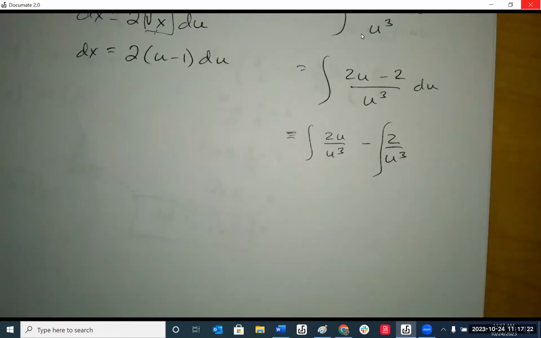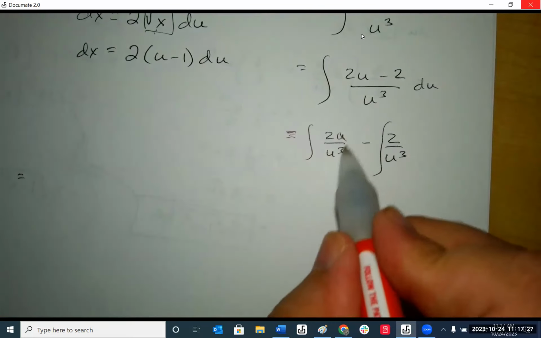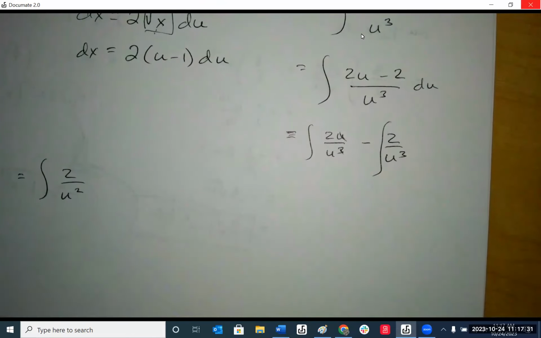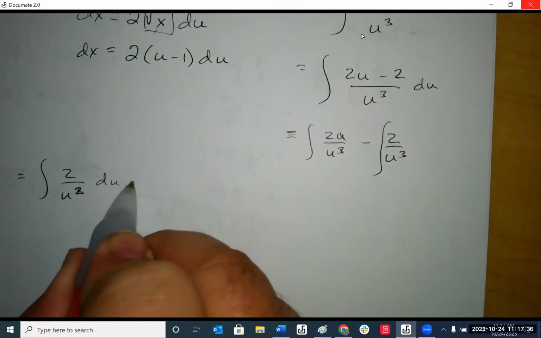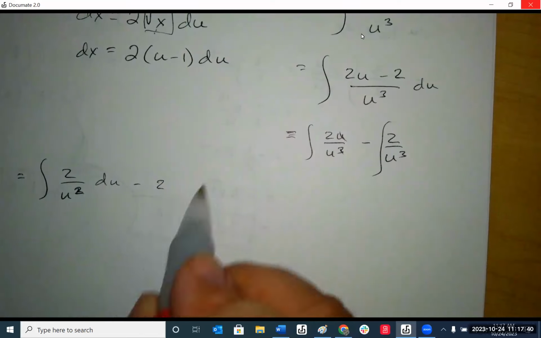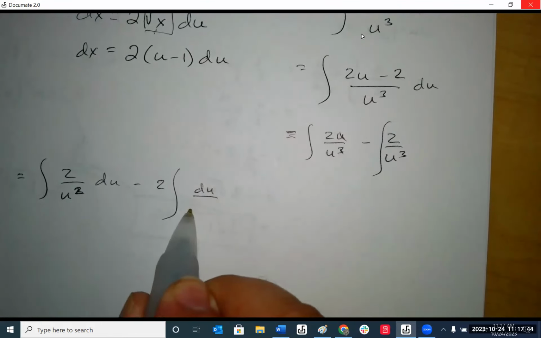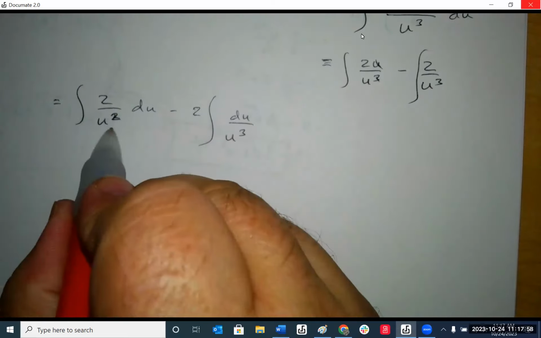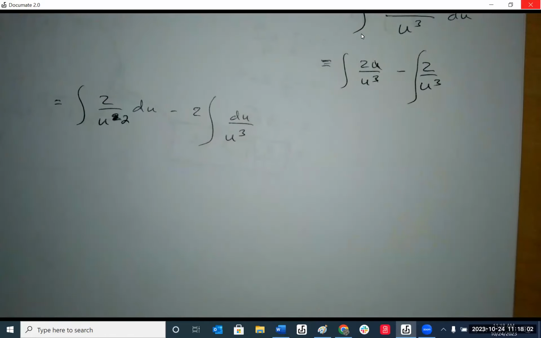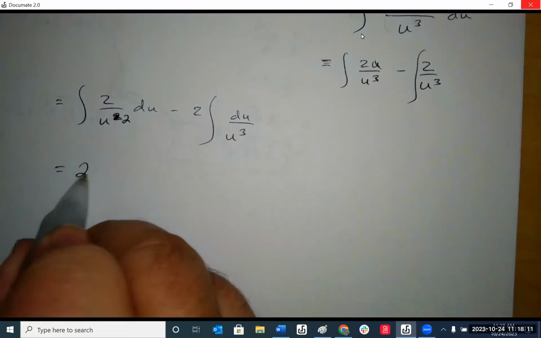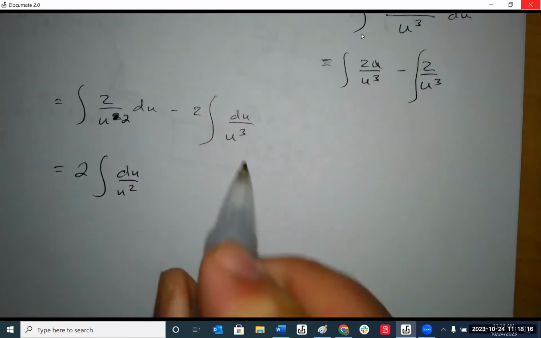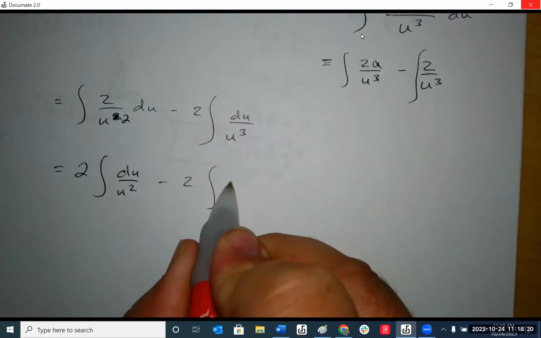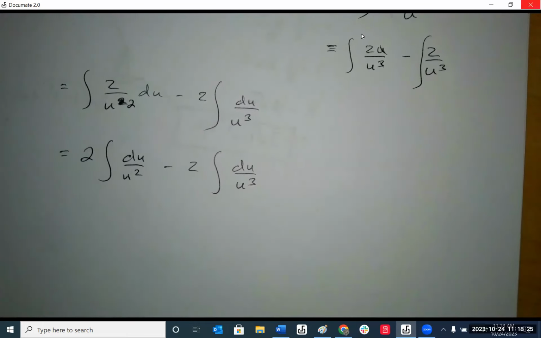Let's see if we do this again. So with this one, we have the integral of 2 du over u squared. I just get myself in a circle.